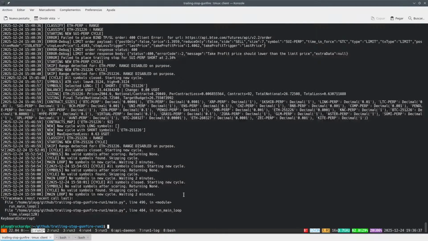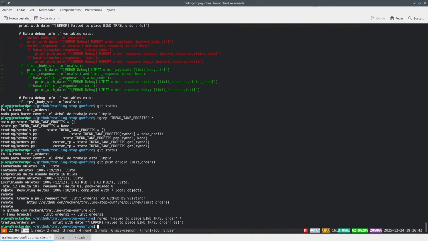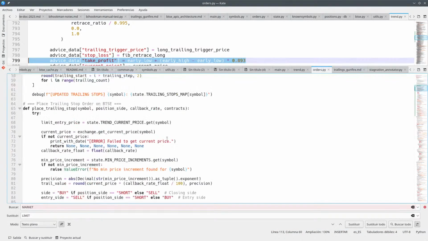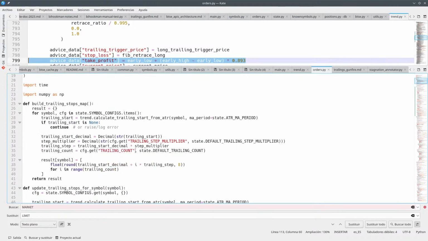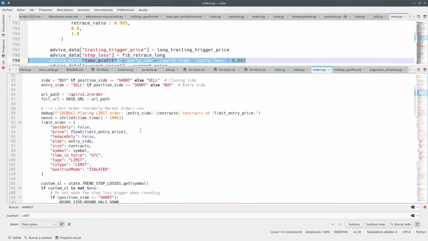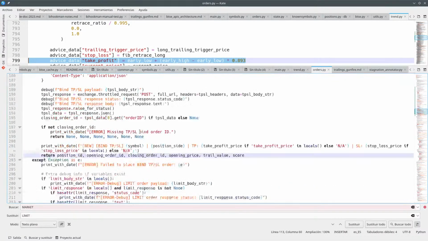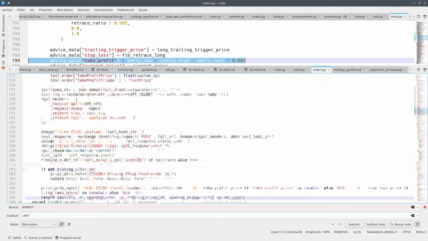I'm not sure if we are doing this right. So orders.py, failed to place Binance TP/SL order.